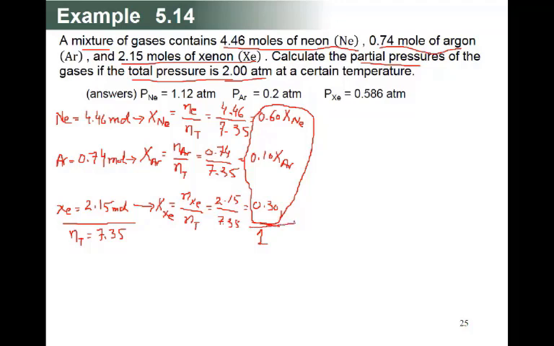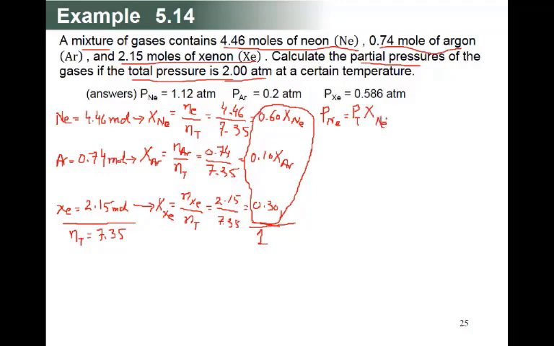This is one step. The next step is to calculate the partial pressure. From the mole fraction we calculate the partial pressure of neon, which is equal to the total pressure multiplied by the mole fraction of neon.